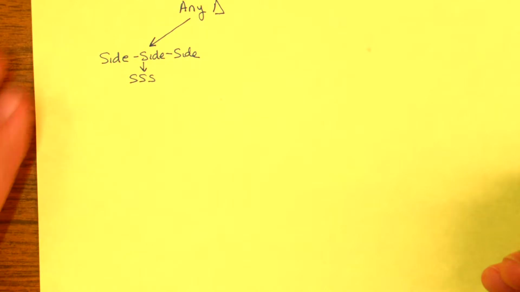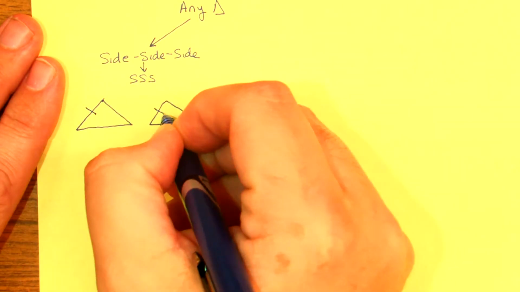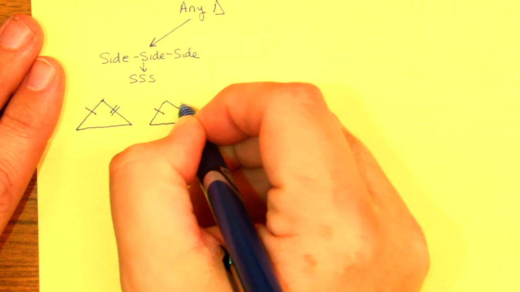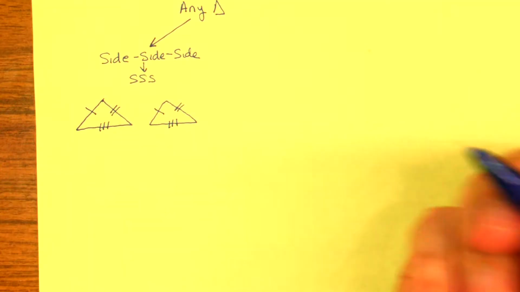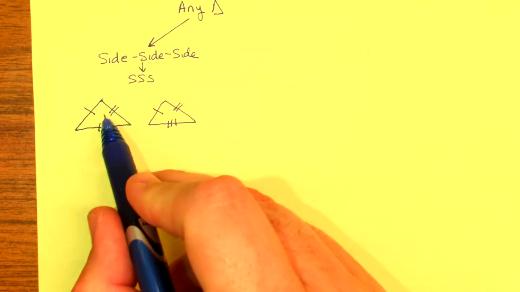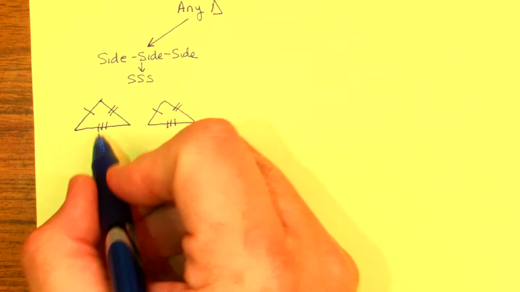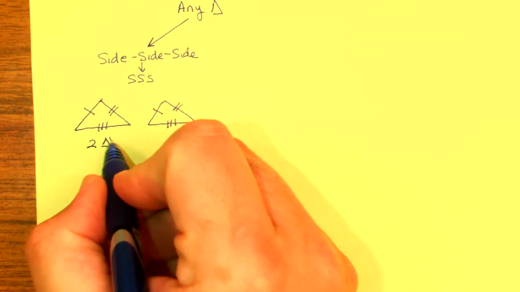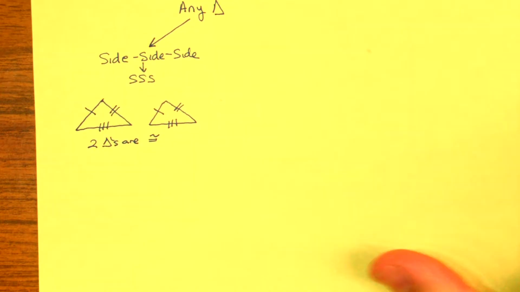Now, side, side, side says that if you have 2 triangles where you have one side congruent to another side, second side congruent to a second side, a third side congruent to a third side, the 2 triangles are congruent.